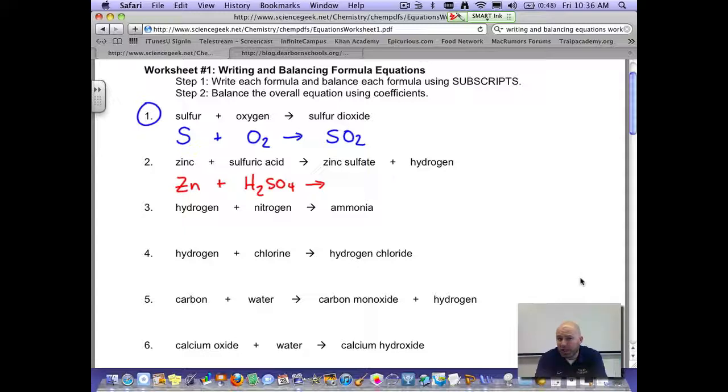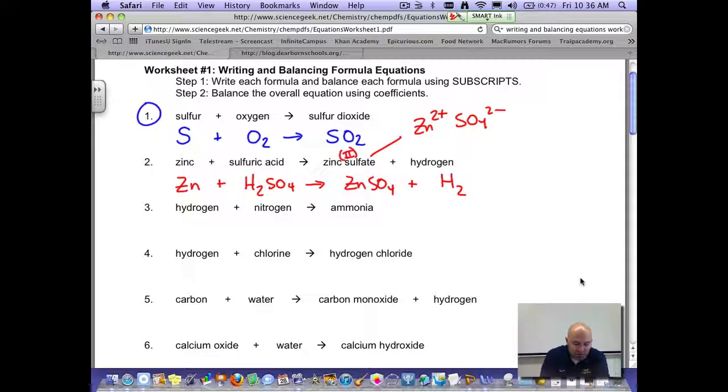It could be a +1 or a +2. There really should be a Roman numeral. For our purpose today, let's call it 2, so we have to balance a little bit. Zinc 2 sulfate: zinc 2 means it's 2+, sulfate is 2-, so it would be just ZnSO4, and hydrogen. Remember that hydrogen is also diatomic. It would never be alone when it's alone.